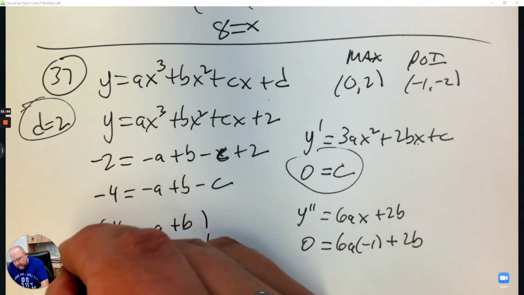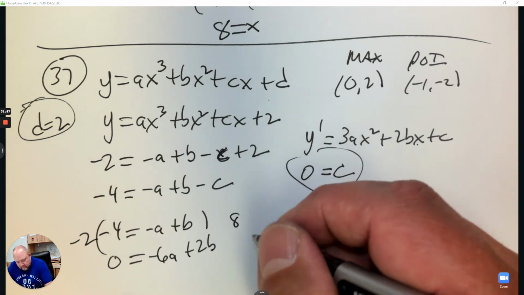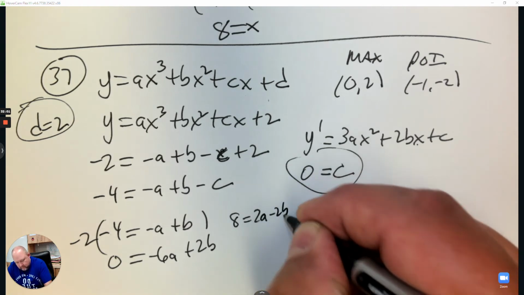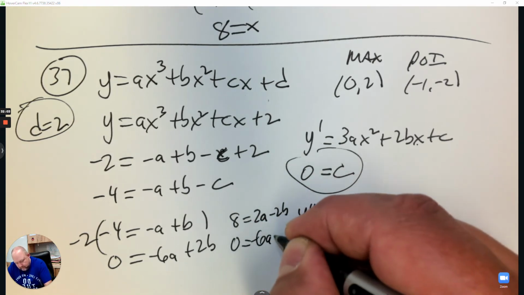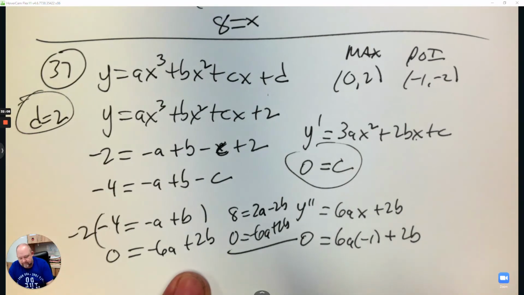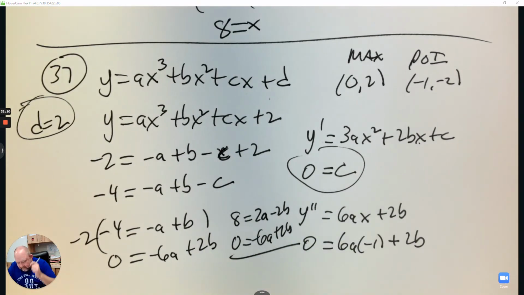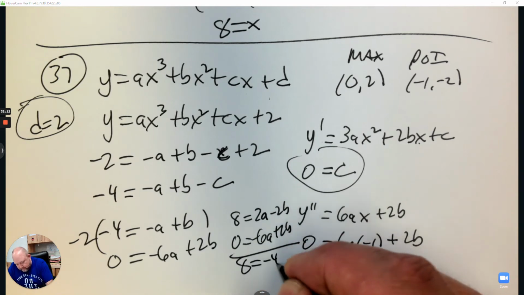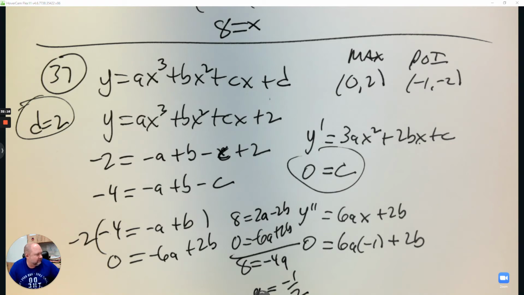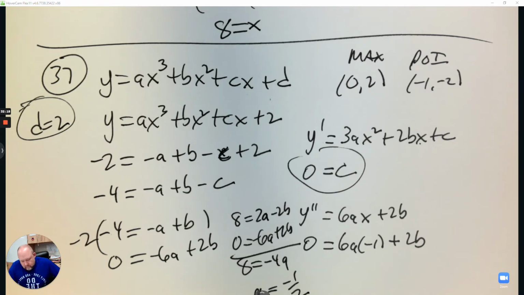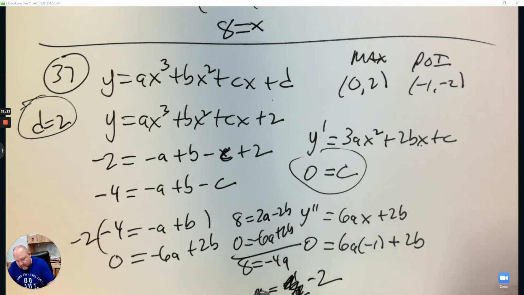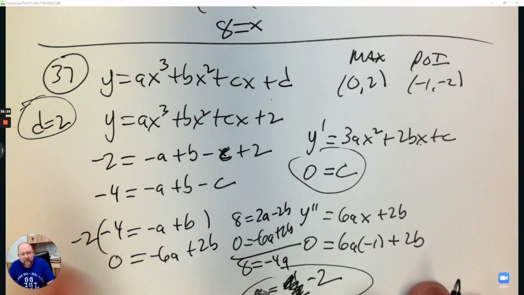I'm going to multiply by -2, and then I'm going to eliminate the b by adding. Oh, sorry, when you divide, 8 divided by -4 is -2. So now I get a is equal to -2.